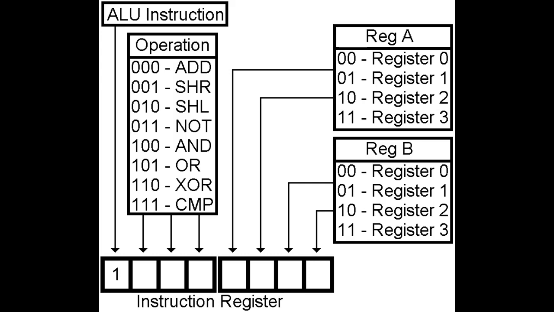Finally, in the last 4 bits, we have reg A, which is going to be the input of our ALU instruction. Reg B is going to be the second input of the ALU instruction if it requires 2 inputs, and it's also going to be the output of the result of the ALU instruction. So let's look at the schematic more closely.